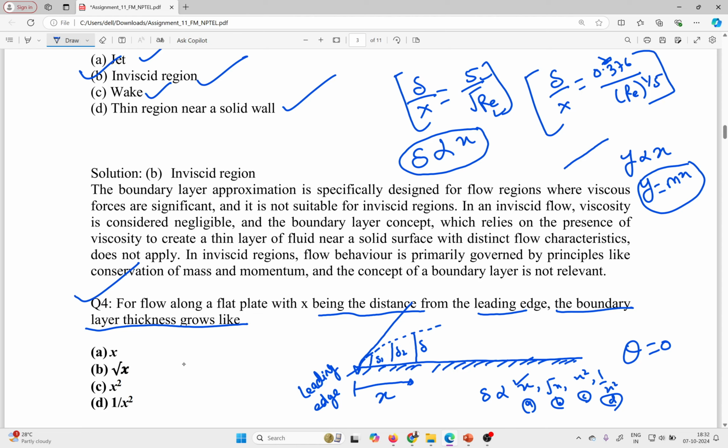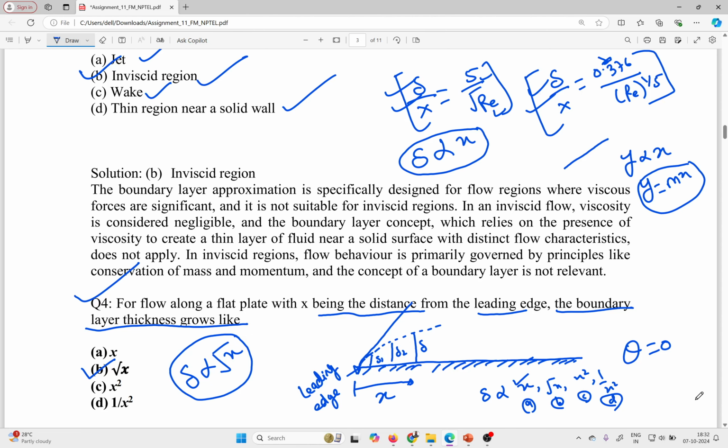So don't be confused by this equation. From this equation, your delta grows proportional to root x. Always remember, option B is correct for question number 4.